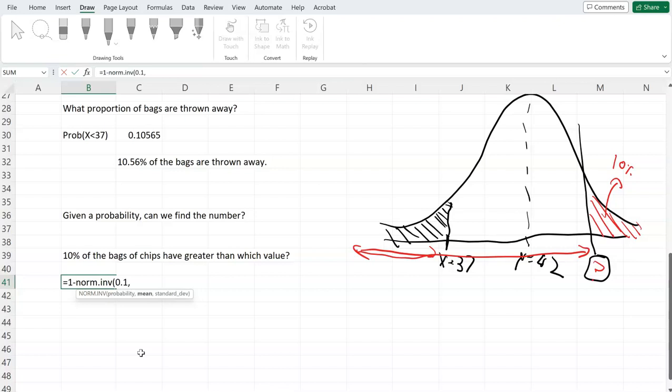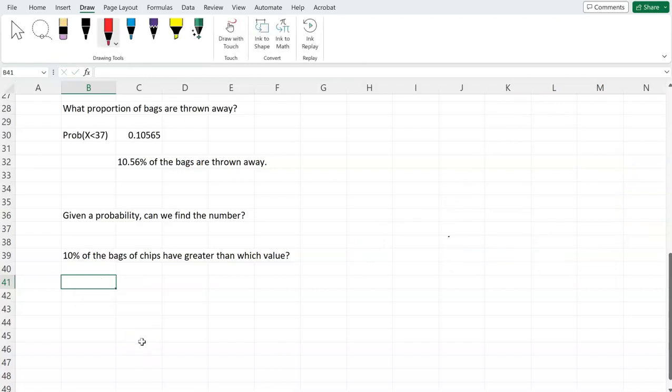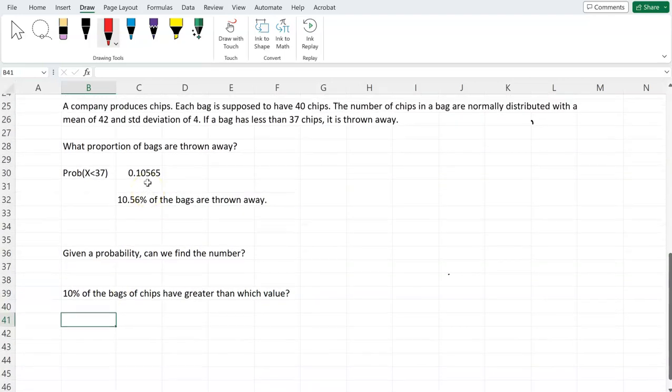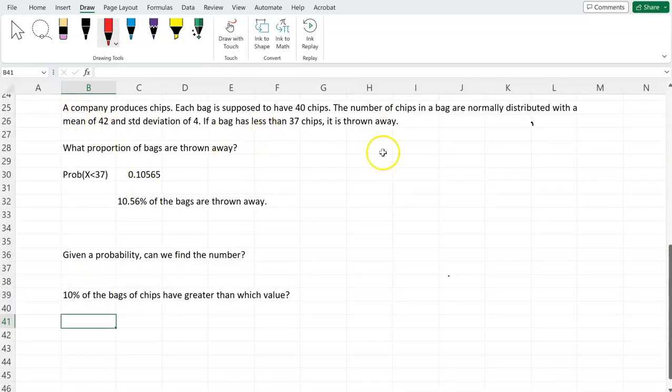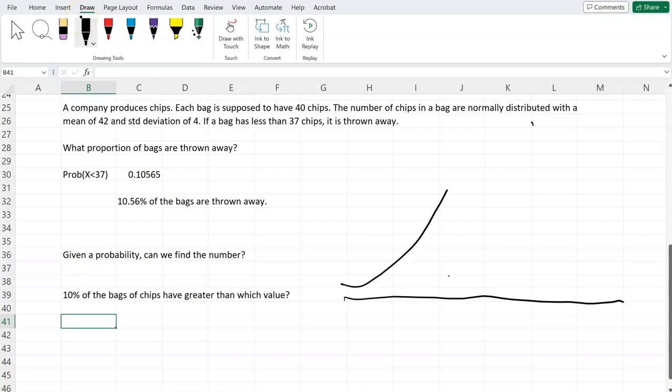The mean is 42. And the standard deviation is, so let us find this value. 10% of the bags of chips have greater than which value? So we already have this number. The mean is 42 and the standard deviation is 4. So this is my normal distribution. The mean is 42.